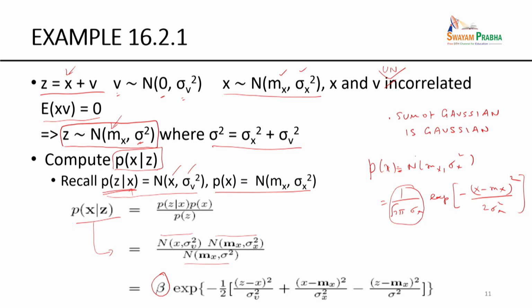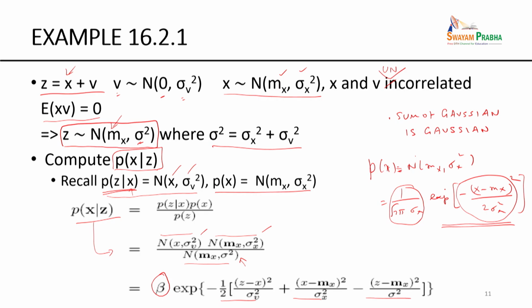Once I club everything into one constant beta, I don't want to worry about that. I can now only deal with the exponential term. There's an exponential term from here, from here, and from here. So there are 3 exponential terms. I hope you're all with me. The exponential term will have this structure.